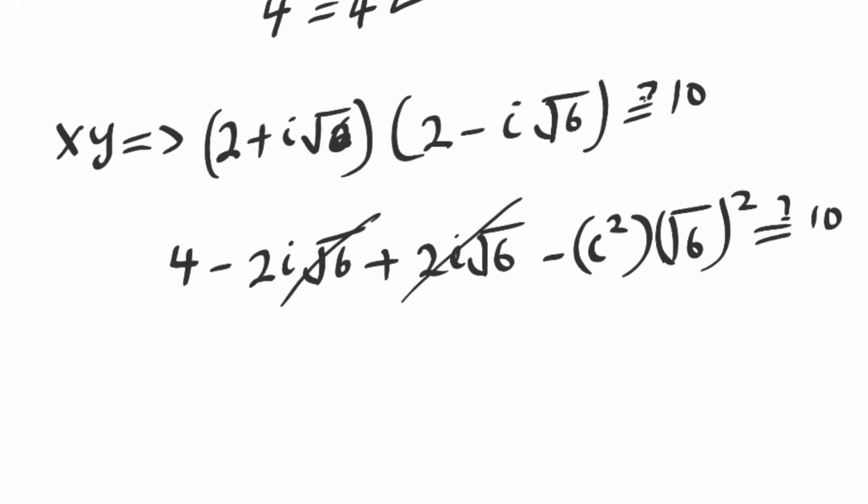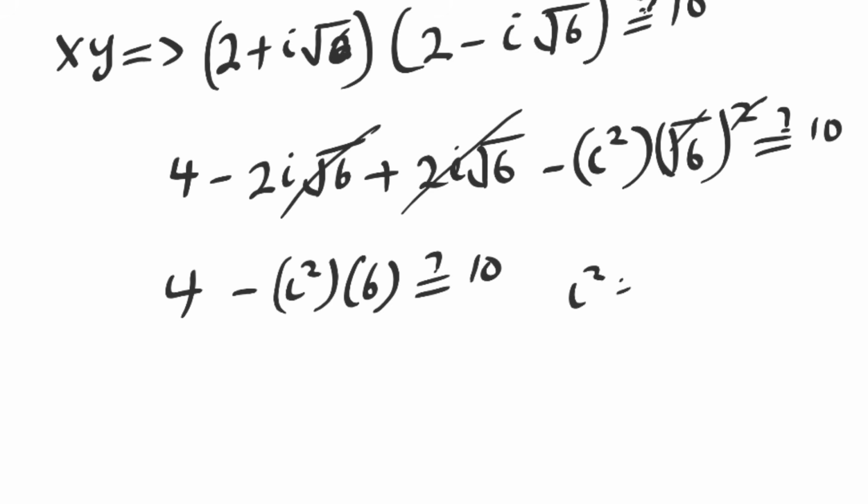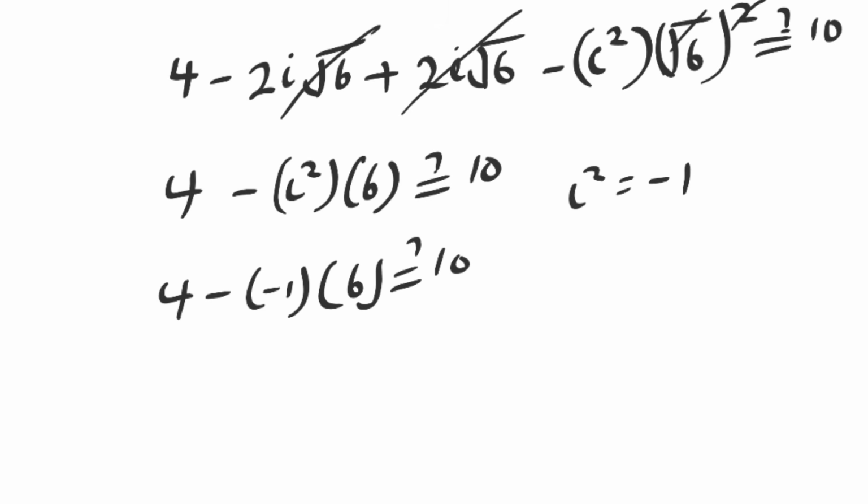This cancels this. 4 minus i squared multiplied by 6 must be equal to 10. Then i squared is equal to minus 1. 4 minus bracket minus 1 multiplied by 6 must be equal to 10. Then minus times minus 1, that is plus 1, times 6 plus 4. 10 is equal to 10, which is true.